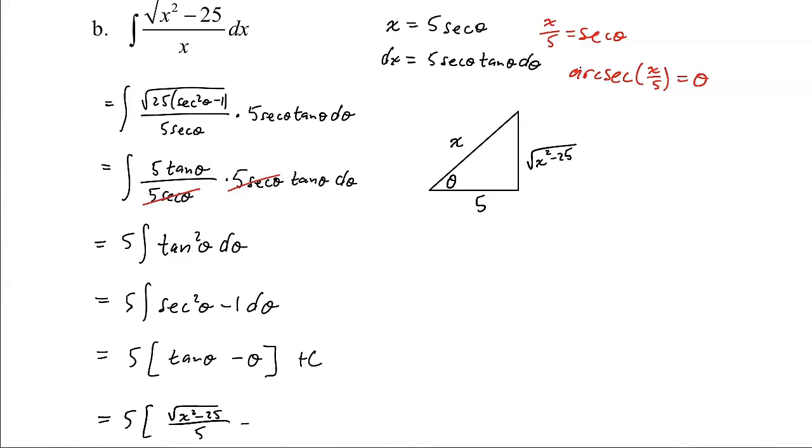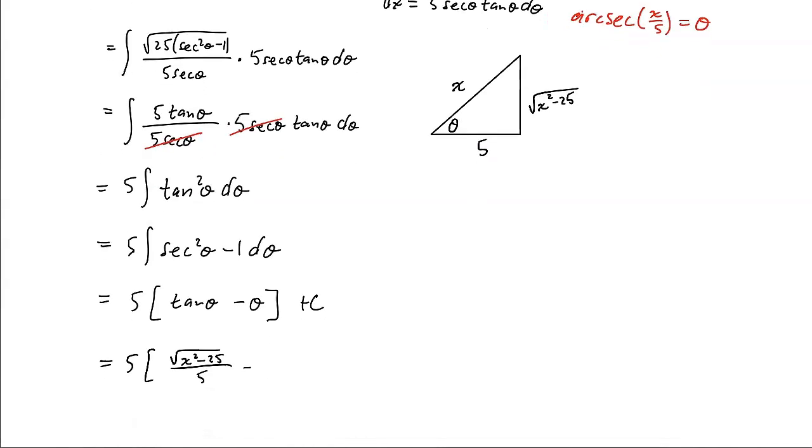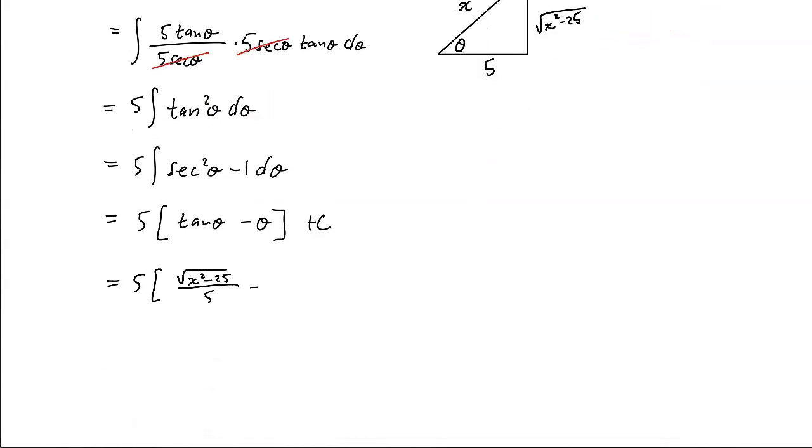There's no reason why I couldn't say arc cosine of 5 over x, or arc sine of root x squared minus 25 over x. There's no reason I can't do the other trig functions, but normally you will see this with the original trig substitution that was made. It's just how they'll write their answers. But there shouldn't be any reason why I can't do any of the others.